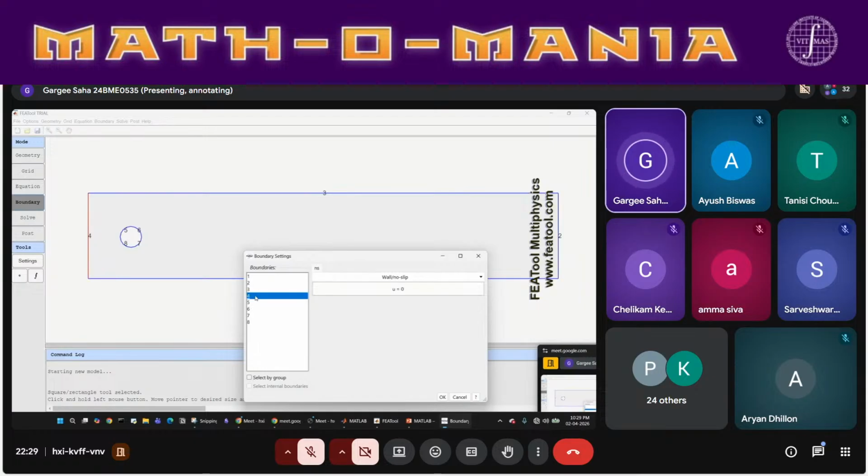Let us now check the inlet velocity at 4, which will be given like this.